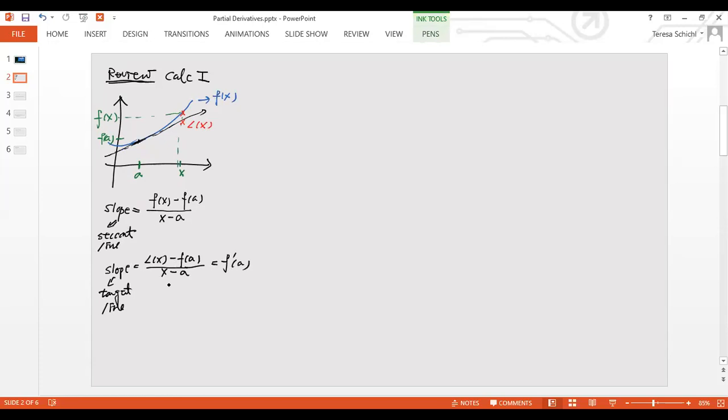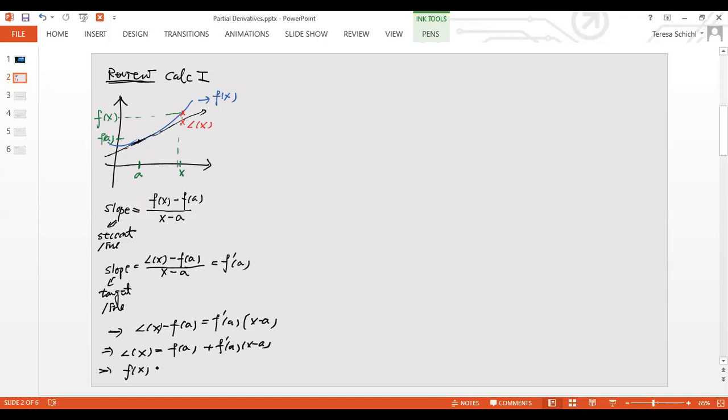So from this equation, I can say L of x minus f of a is equal to f prime of a times x minus a. So that's why I said L of x is equal to f of a plus f prime of a times x minus a. So that's how I know the f of x, right?